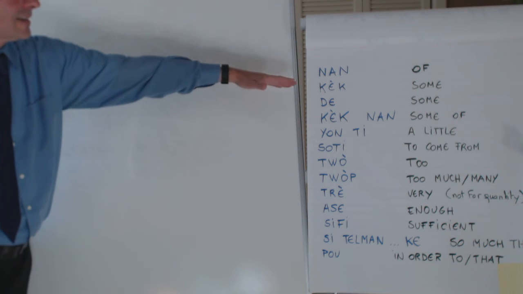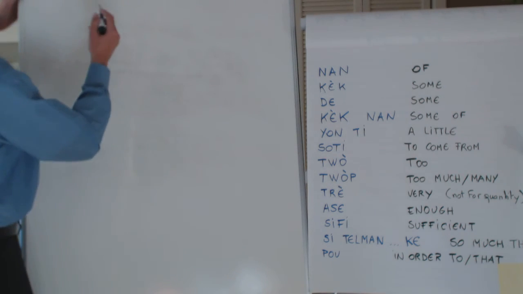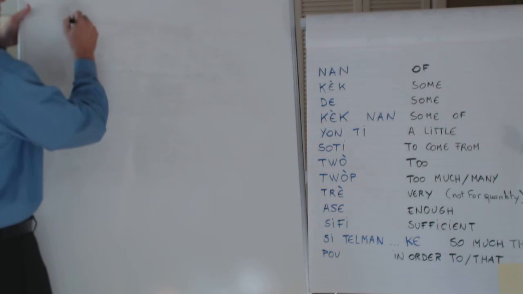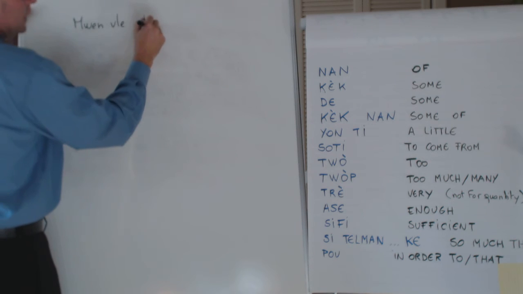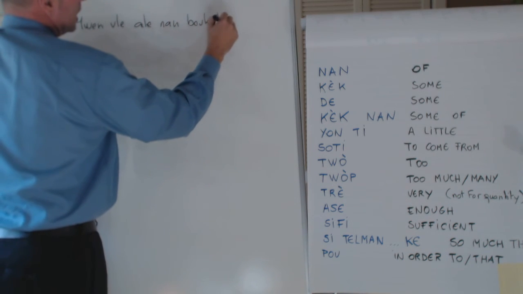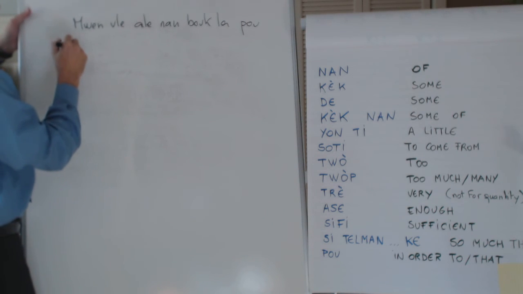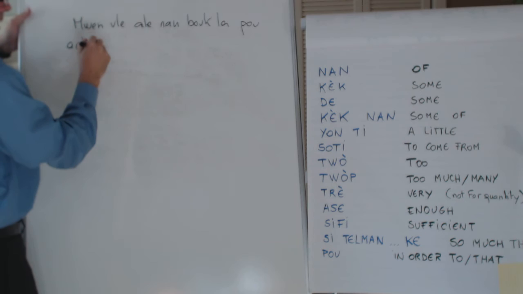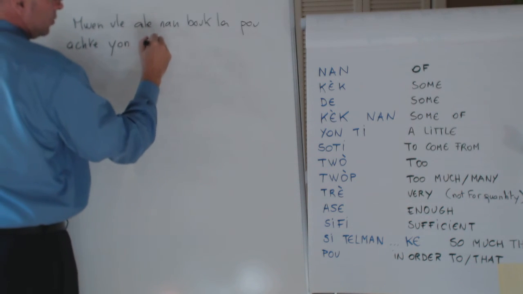Try to put sentences together with them. Moi aller en book, for instance. Moi v'lais aller dans book là pour acheter un poisson.